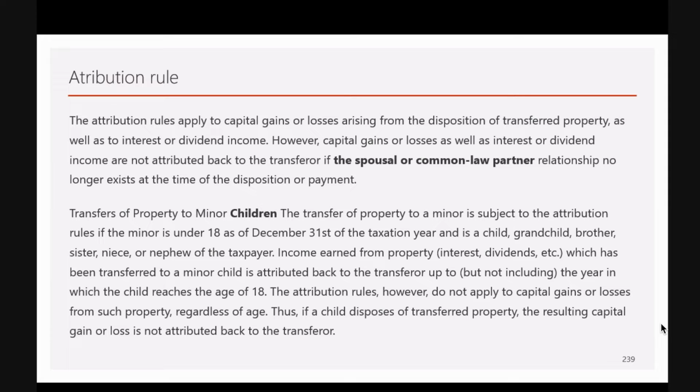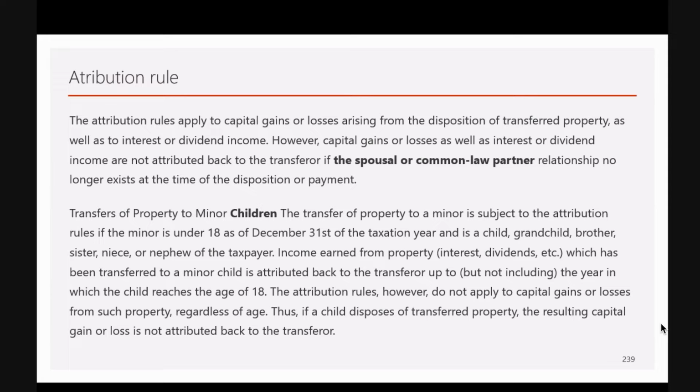When the children reach 18, they're going to file income tax on their own. So it's not attributed back; the children just do their own income tax.